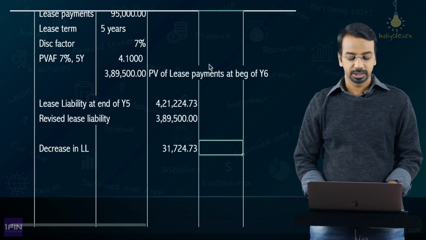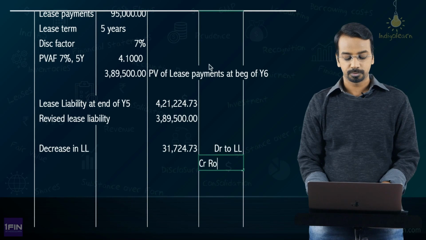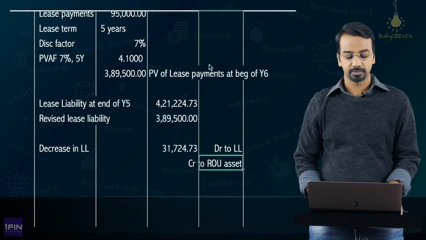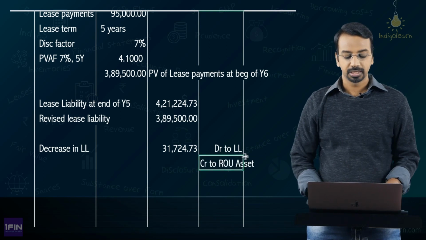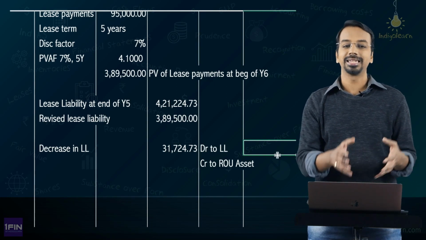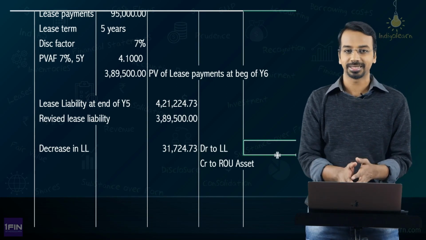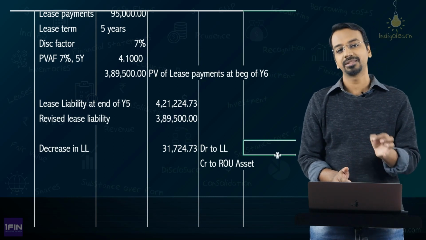Now, what will you do this? You will debit to lease liability and credit to ROU asset. Right? A simple accounting treatment, debit lease liability because you have to reduce the lease liability and credit the same amount to right of use asset, and the balance right of use asset will be depreciated over the period of balance 5 years.